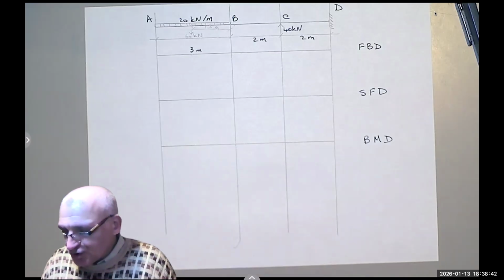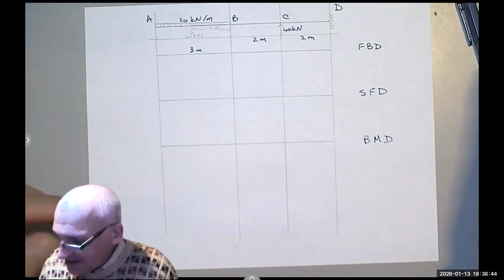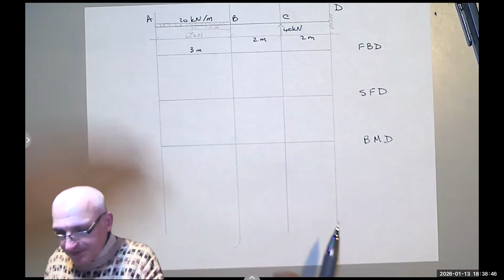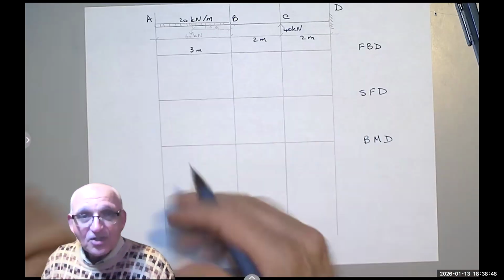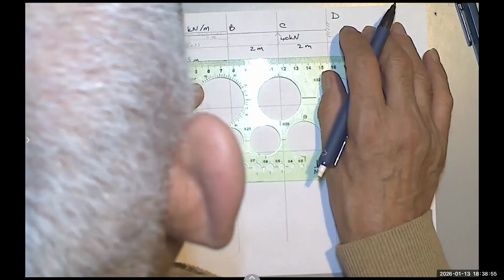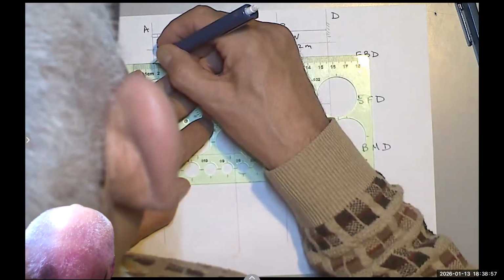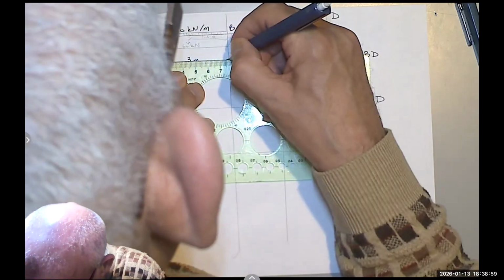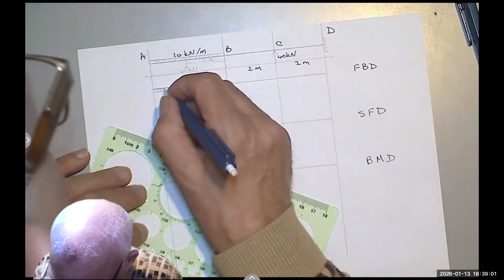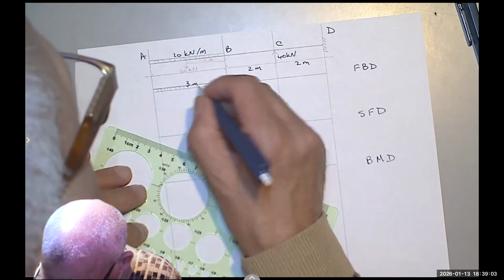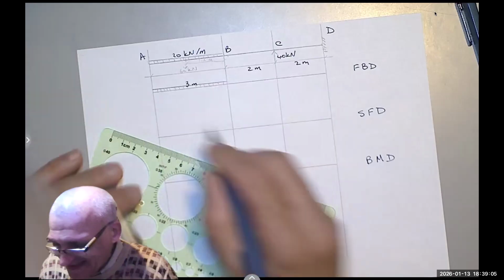Okay, I'm going to draw the free body diagram on another piece of paper, because I don't want the calculations to be with the diagram, so you can see what's going on. Here, all I'm going to do is show the loads, the 20 kilonewton per meter, not 3 meter.